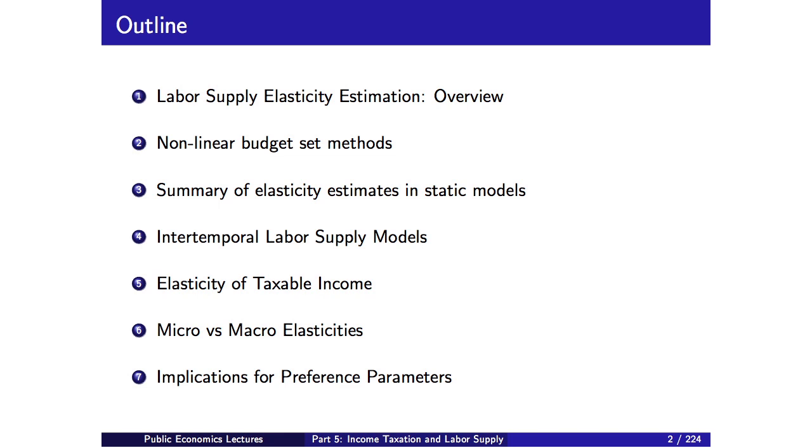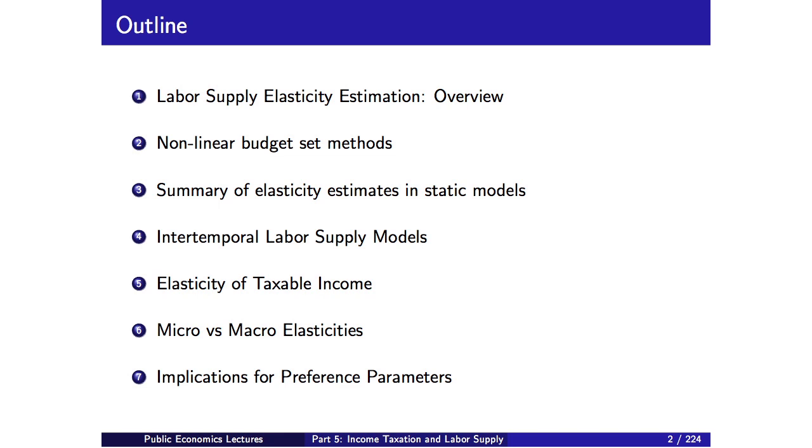Intertemporal labor supply models, which are actually the more general and more appropriate, I think, labor supply model, are dynamic ones where it's like a life cycle model, and when tax rates change in one period, I might substitute when I work across periods. Then we'll talk about elasticity of taxable income, connecting back to that Feldstein paper, which we mentioned earlier.